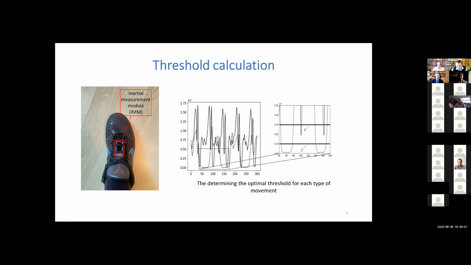For example, the dashed line corresponds to normal walking, and the solid line corresponds to running. So the thresholds for these two modes of locomotion are different, and the SVM method is used to dynamically switch between these two thresholds.